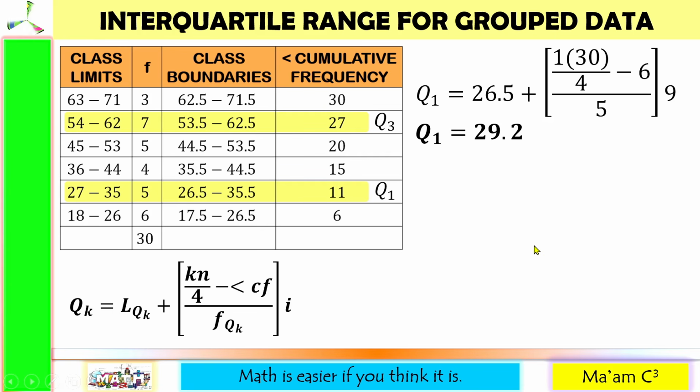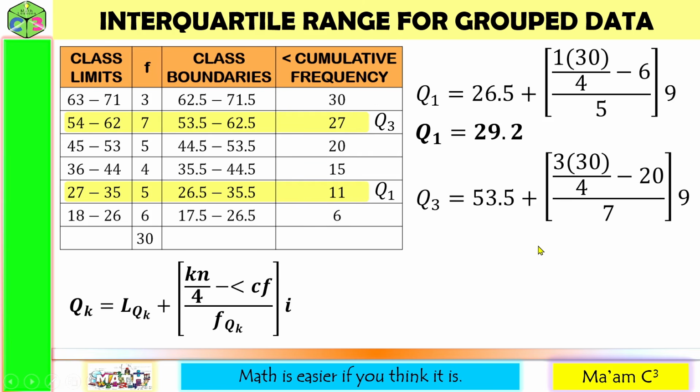Now let us solve for the third quartile. Let me substitute the given and let me explain how we arrived at this. 53.5 is the lower class boundary of the third quartile class. Here, 3 stands for the third quartile. 30 again is the total frequency divided by the constant 4, minus 20. Why 20?